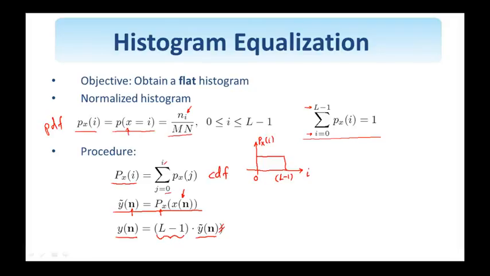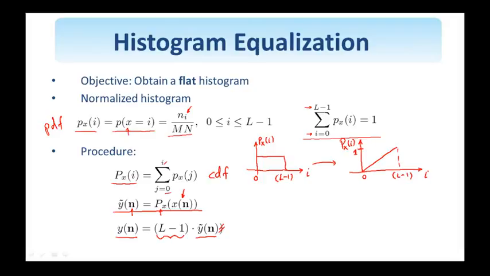So all intensities are equally probable. So if I form the cumulative distribution function for this PDF, it's going to be a straight line, and this is 0, this is L minus 1, and this is 0, and this is 1, right?